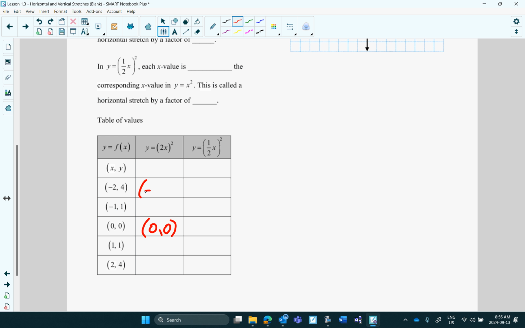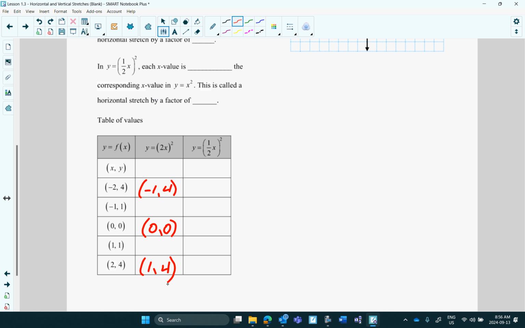It was at negative 1, 4 and positive 1, 4. Remember, I'm writing the points so that the y coordinates match up, because it's the x's that are changing.